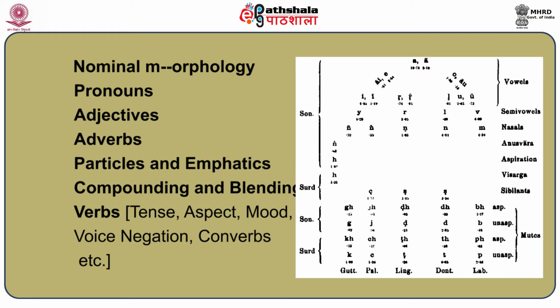You will be now writing about the pronominal system, that is pronouns that the language has, adjectives, adverbs, particles and emphasis or emphatics, and compounding and blending, and also how the verb morphology is arrived at in this language, which the verb complexes and verb morphology will indicate tense, mood, aspect, negation, all kinds of converbal forms as well as evidential markers if you have been able to find.